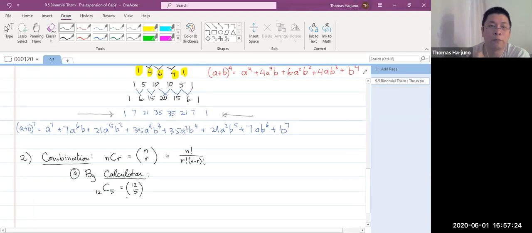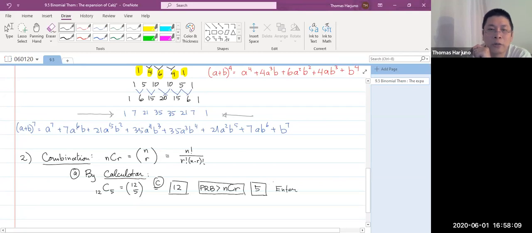Now, according to the formula we have above, you know what? I teach you the calculator first. So according to the calculator, this is what you will punch. You will punch 12 first, and then if your calculator has this option, you usually go to PRB, move your cursor to nCr, and then you press 5 and then enter.